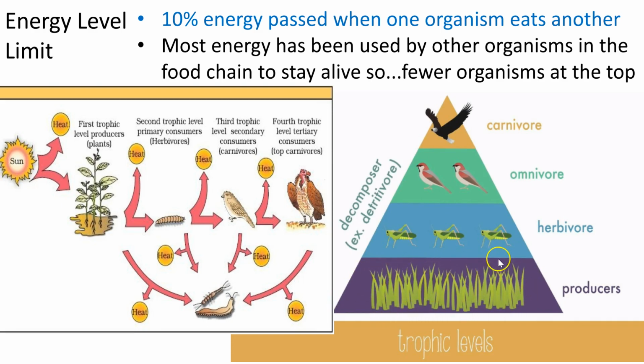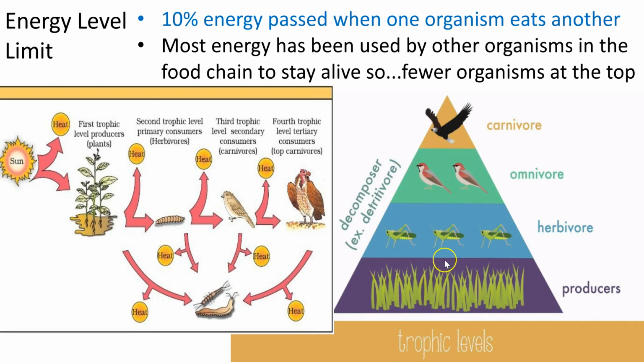The producers have the highest population because they have the greatest amount of energy. 10% of that energy is going to get passed along to the grasshopper when it eats it. Again, the grasshopper uses 90% of that energy for life processes. Only 10% can get passed up here, so their population is going to be even smaller. So it's a smaller pyramid.